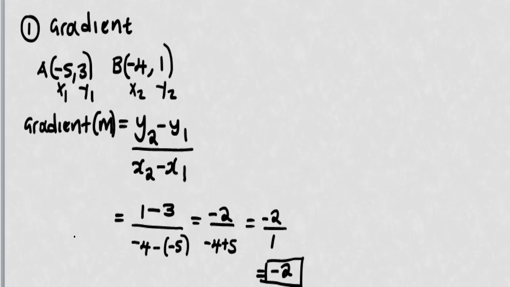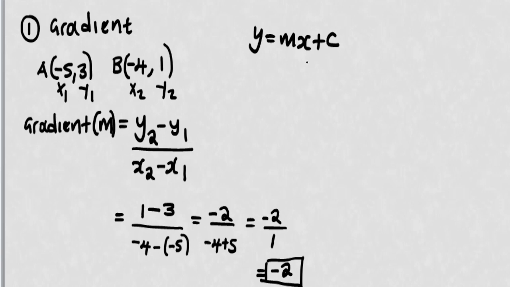Now the other thing I would love you to know about gradient is how to find the gradient given an equation. We call it the intercept form: y is equal to mx plus c, where m represents the gradient and c represents the y-intercept.